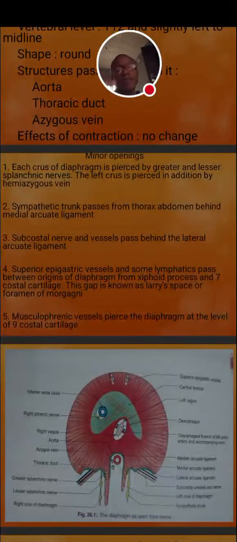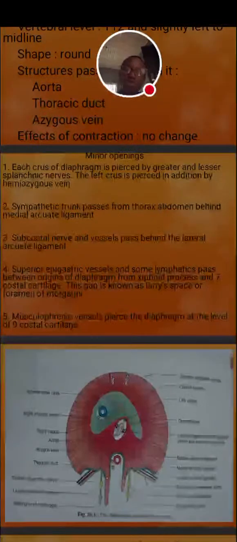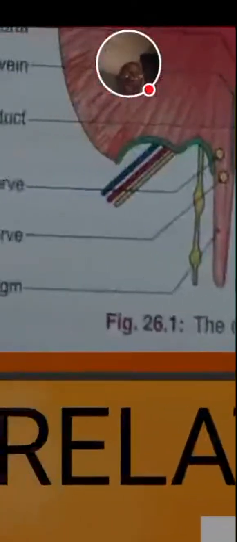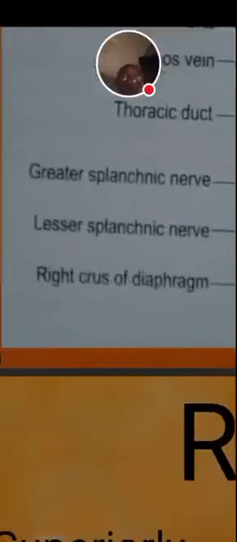Now, the vertebral origin has two major crura. You can see the crura. This thing that looks red beside a yellow tube is the crus. The one to the left is the left crus, and the one to the right is the right crus.